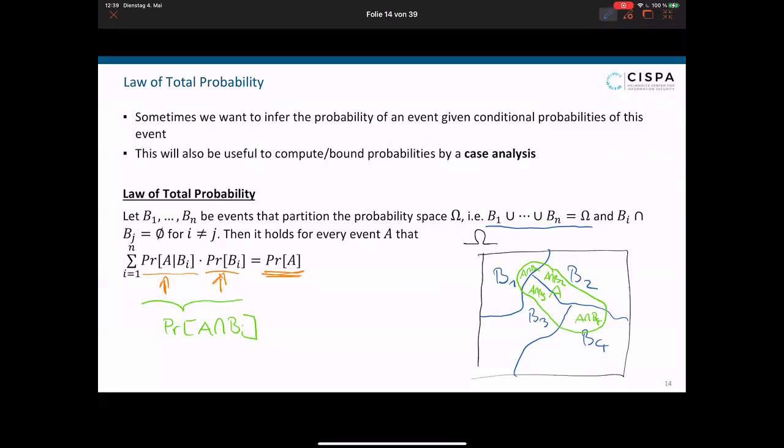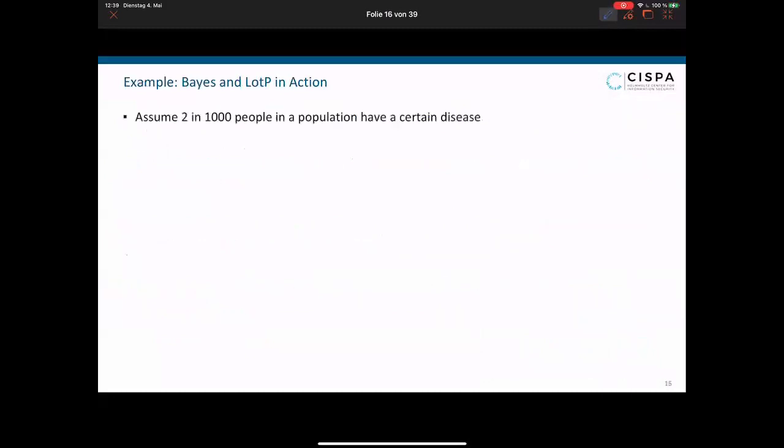We'll use the law of total probability to break these complex events down into simpler events. Okay, now let's do that. Let's see the law of total probability and Bayes' law in action.